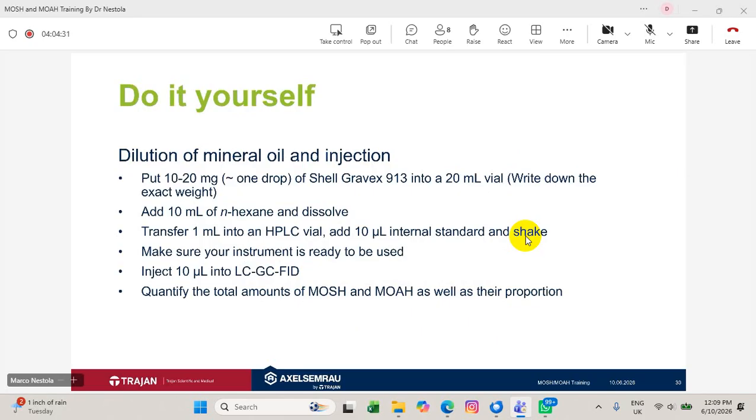Because as a very, very first thing, we will not talk about foodstuff in the beginning. What I want you to do is, what we have seen in the chromatograms up to now, analyzing mineral oil, just in solvent. So we will use Shell Gravex 913, which is a very easy base oil.